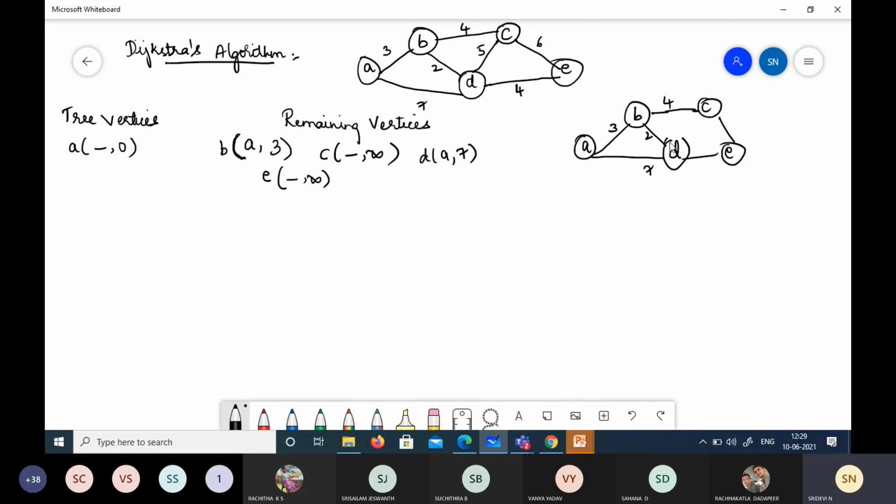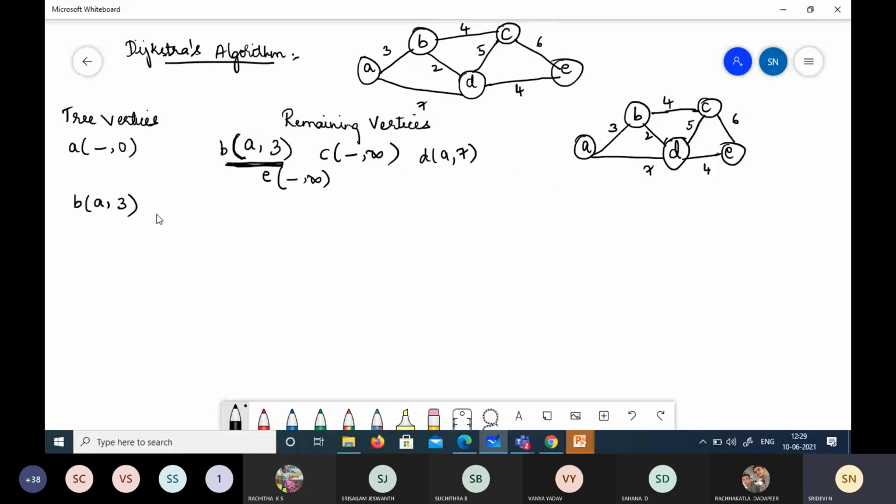I don't want you to take pencil, scale and compass, draw circles and lines and waste time. A rough figure is enough, so that you illustrate what is happening, but neatness should be maintained. B of A comma 3. This one we are selecting now, as part of the tree vertices.